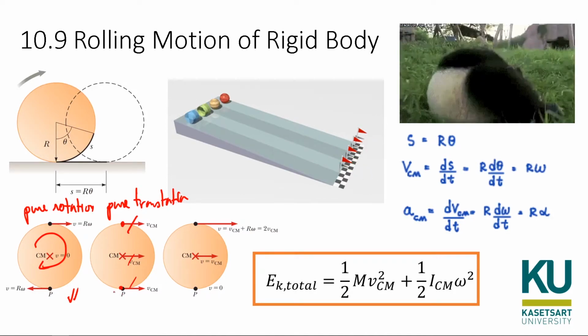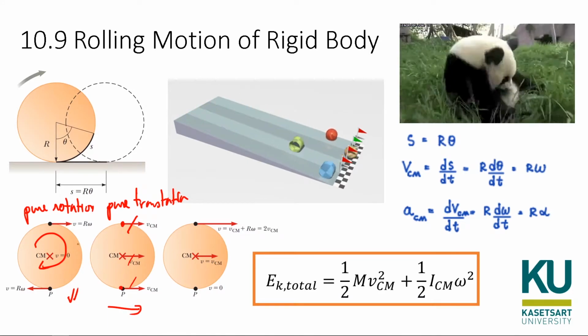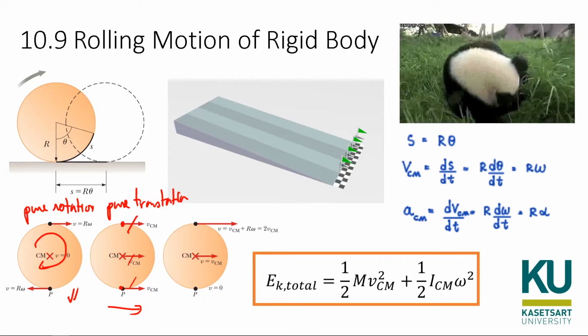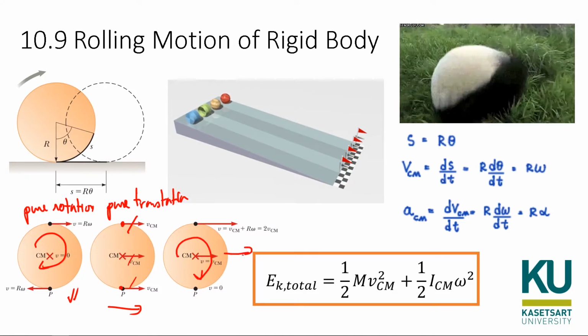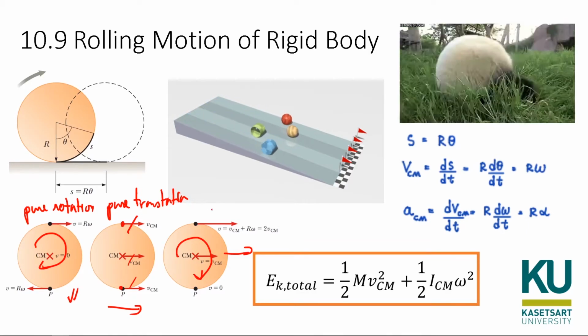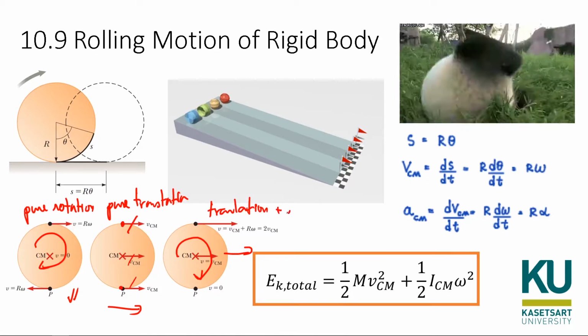So in this case, only translation happens. But in the rolling case, the object both rotates and translates. So it has both translation and rotation.